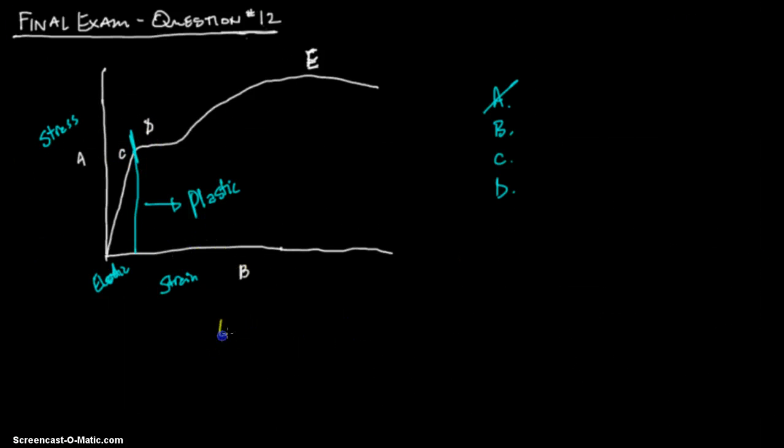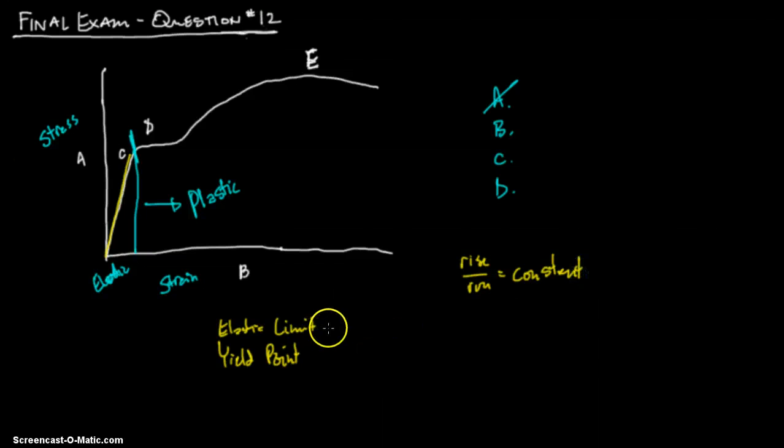Alright, so the elastic limit and the yield point. The elastic limit is, obviously, the slope is rise over run, like any slope is, and it's going to equal a constant for the elastic limit.